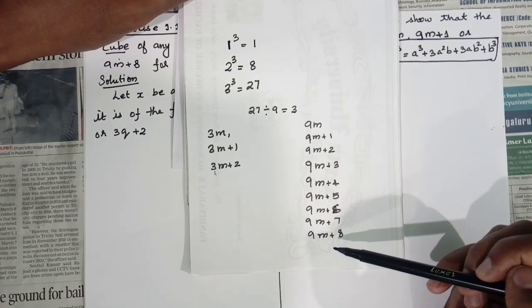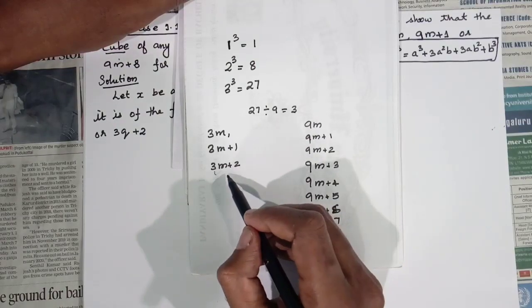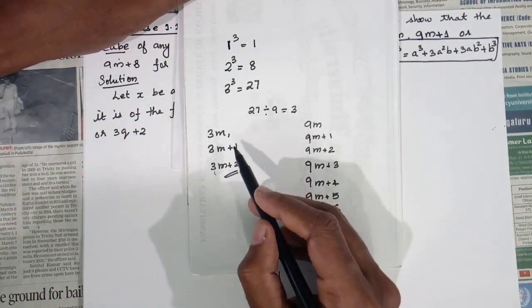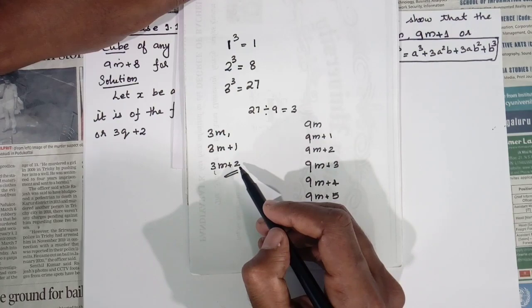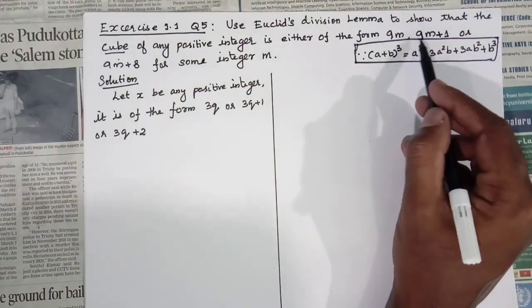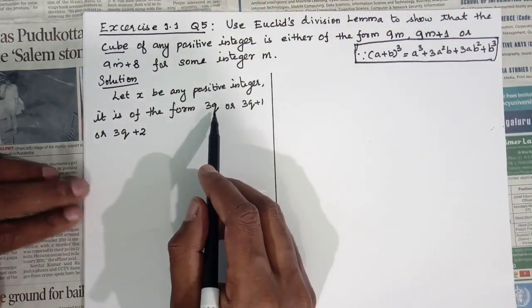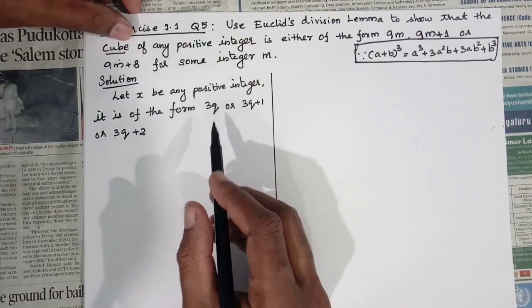It leads to more complication in our problem. So it is enough to take this format: 3m or 3m plus 1, 3m plus 2. Since we have to use m in the question, 9m, we are taking another variable q in place of the quotient.